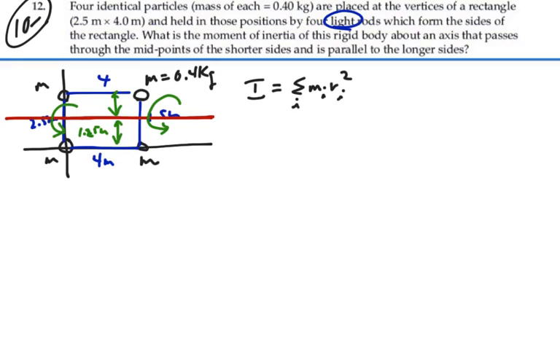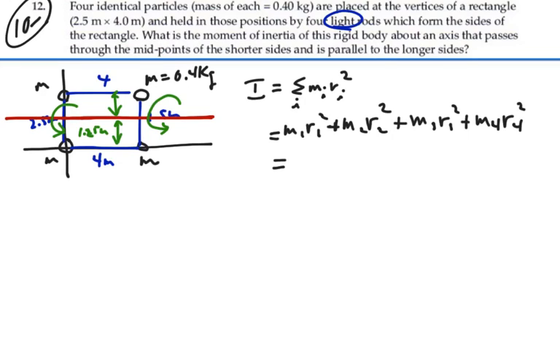So our r is going to be 1.25 meters. As we write this expression out, this would be m1 r1 squared, plus m2 r2 squared, plus m3 r3 squared, plus m4 r4 squared.